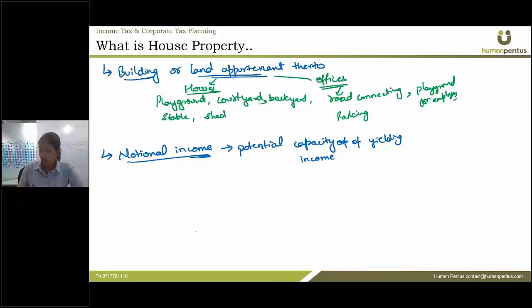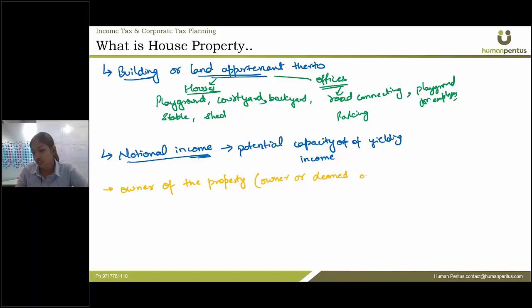All right. Then there are a few conditions that the assessee has to satisfy. First is that he should be the owner of the property. To calculate tax on the income from house property, the assessee should be the owner of the property. By ownership, we mean either he is the owner or deemed owner.